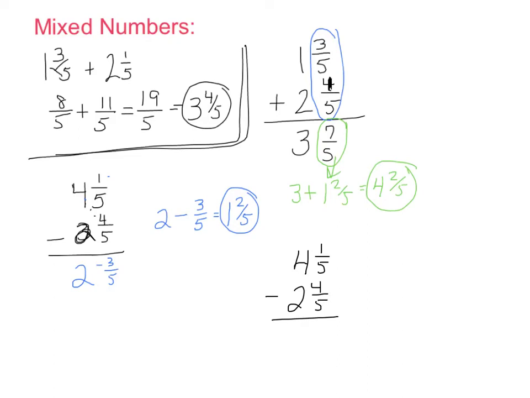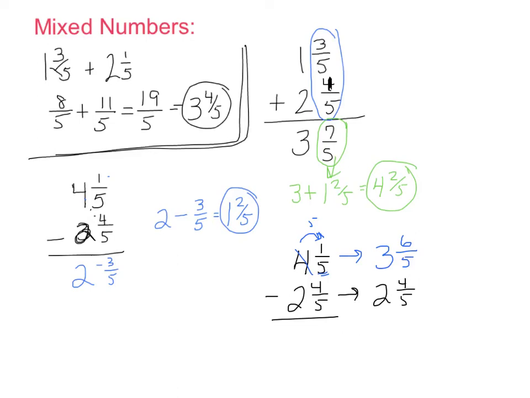If I realize I can't subtract, what I could also do is change the 4 1/5. I could borrow 5. So whatever the denominator is, I could borrow 5, which makes it 3 6/5. 5 plus 1 would give me the 6 in the numerator. And then I would keep this as 2 4/5.